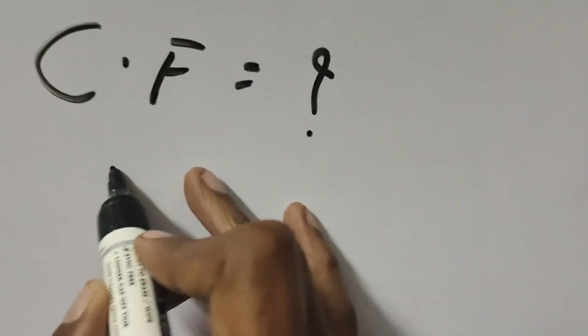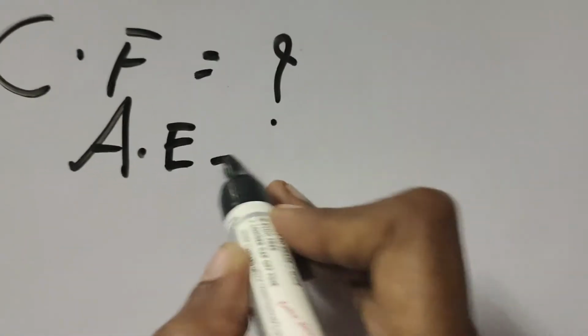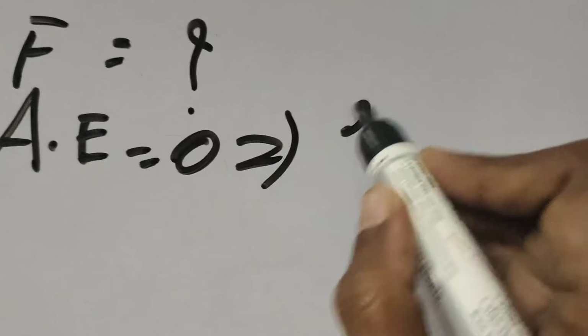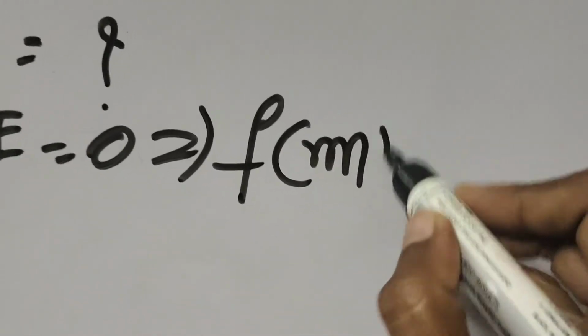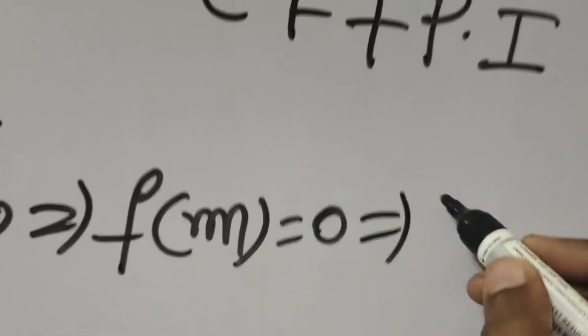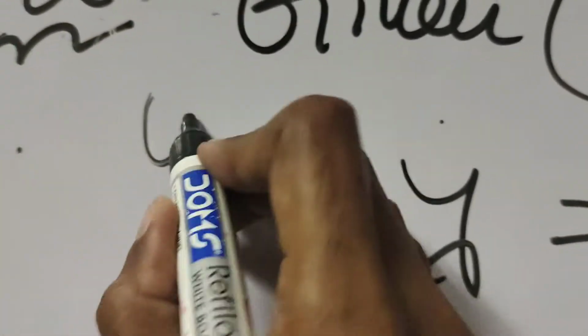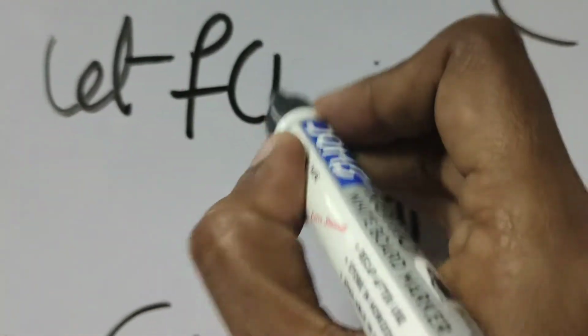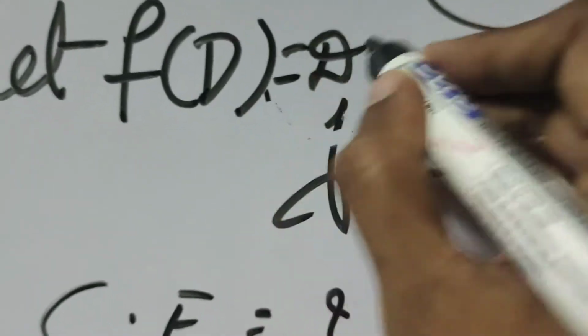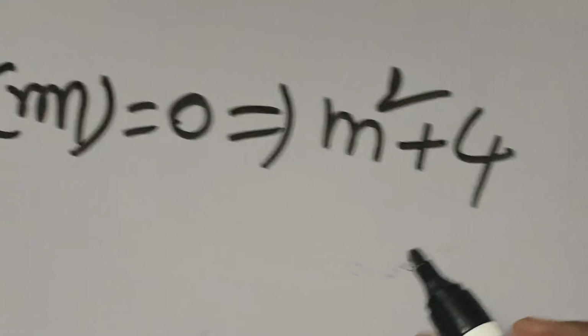Consider the auxiliary equation, which implies f(m) = 0. The given equation f(D), write in terms of m. Let f(D) = D² + 4.